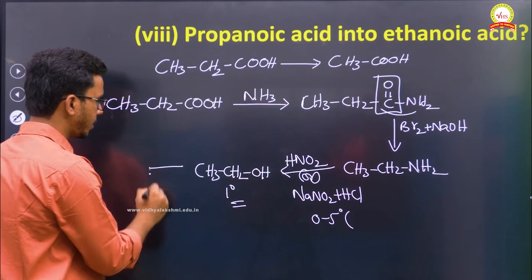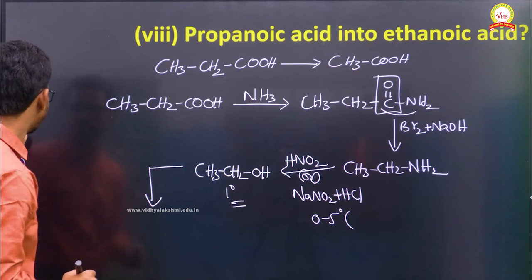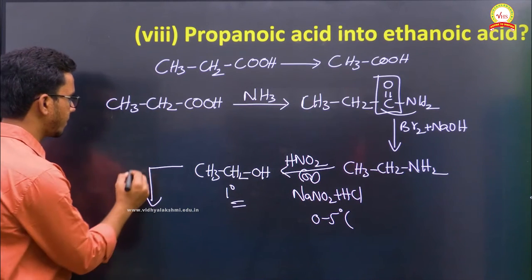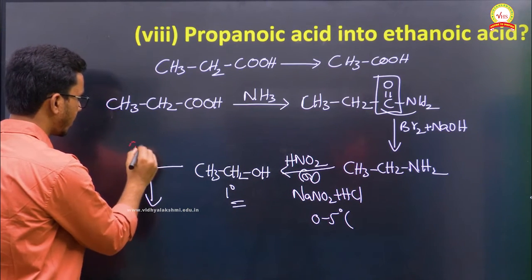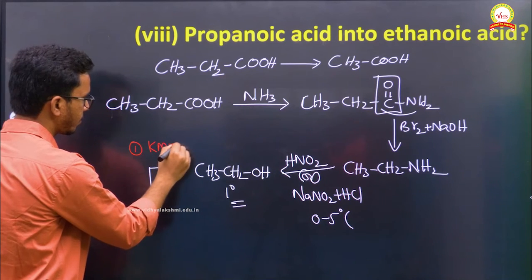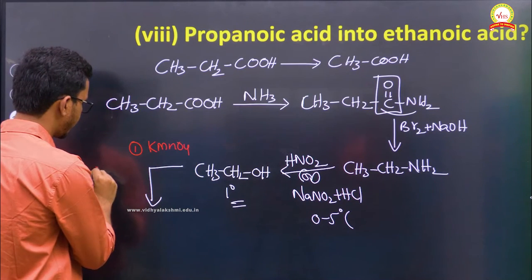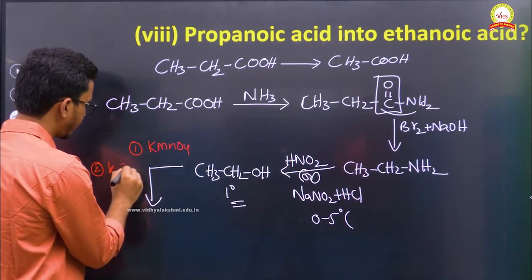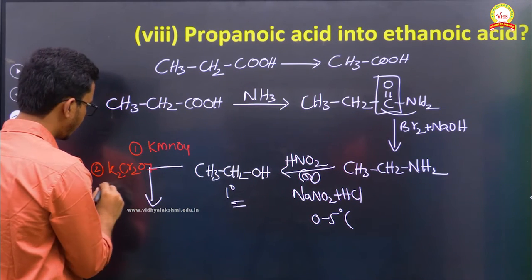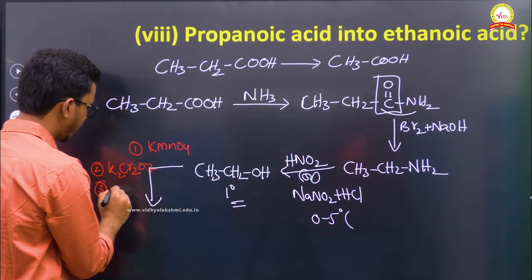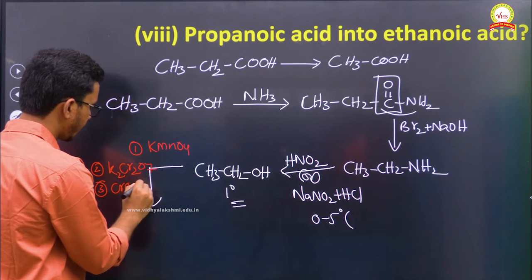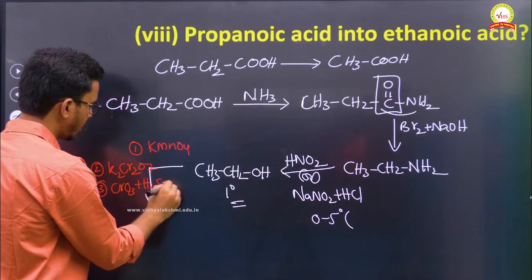By using a strong oxidizing agent. What is the strong oxidizing agent? As we have already discussed, we can use the first one KMnO4, or the second one K2Cr2O7, or else you can also use Jones reagent, that is a combination of CrO3 plus H2SO4.